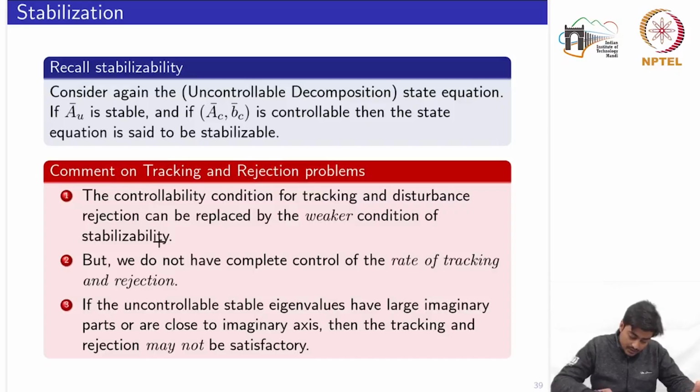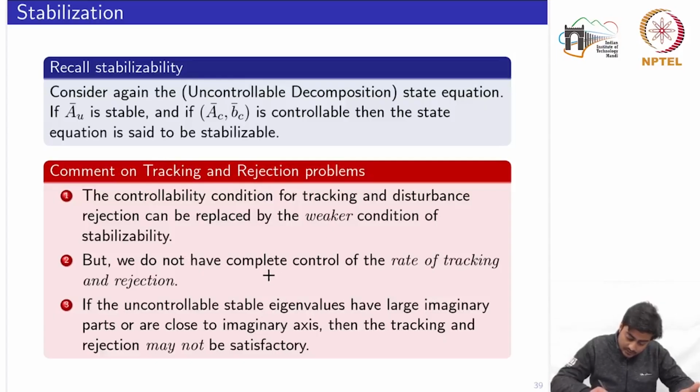These three comments are important because the tracking and rejection problems we have discussed so far assumed the pair is completely state controllable, but if it is not completely state controllable, we could use this weaker condition of stabilizability to show the previous results for the tracking and regulation problem. But we need to take care of two main things. When the system is controllable, we have complete control over placing the eigenvalues.